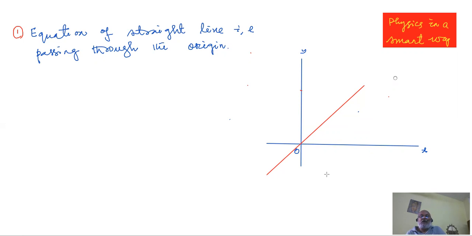As an example, I have drawn the straight line, and that is passing through the origin. In fact, that is not the only line that you can make pass through the origin. Many different lines you can draw, and they remain in all the possible quadrants, first, second, third, and fourth.